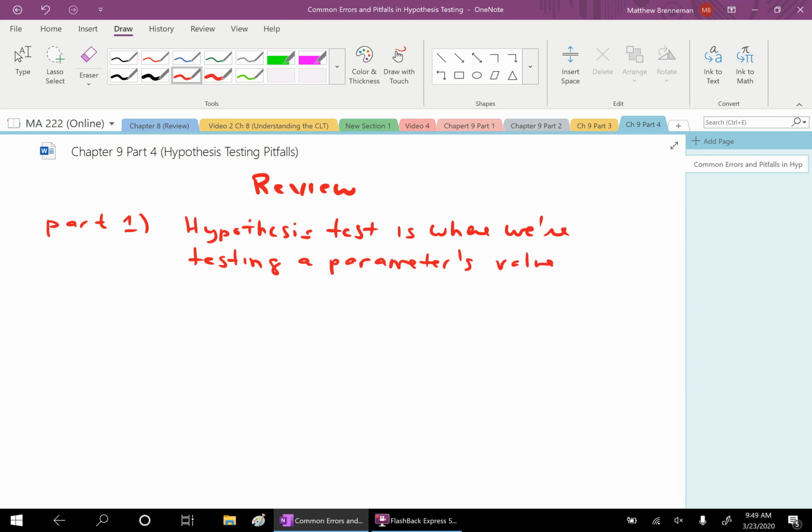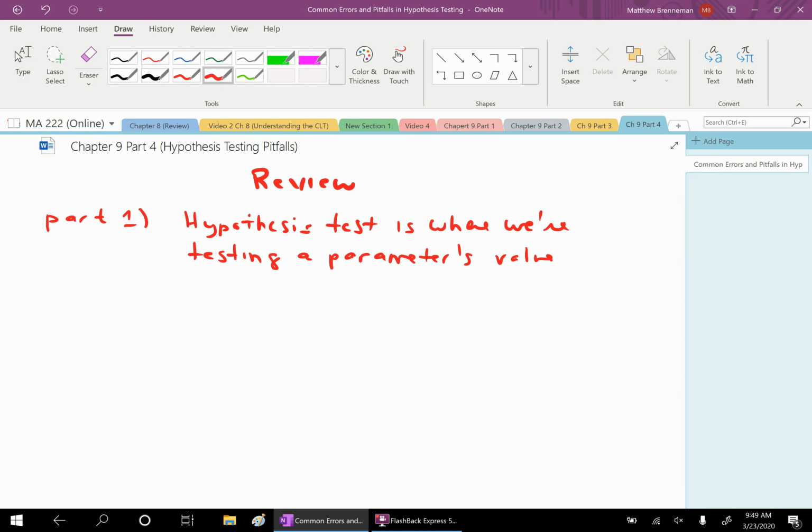And so one question we can have is, does our parameter have a specific value? And that's what a hypothesis test does. It answers this question.